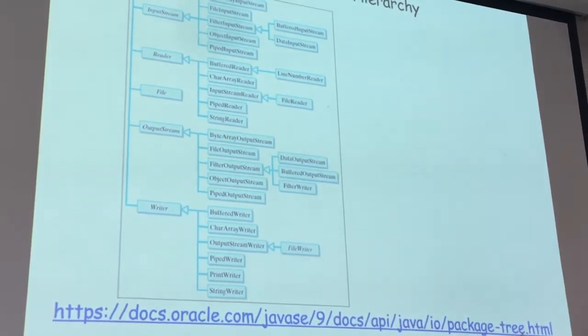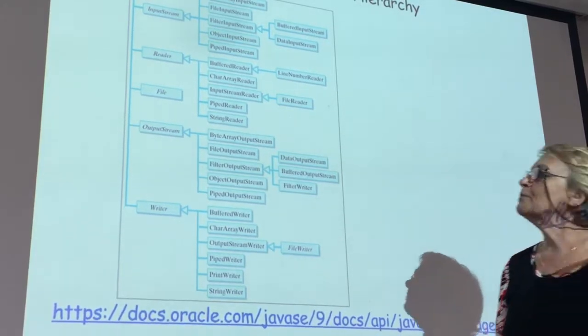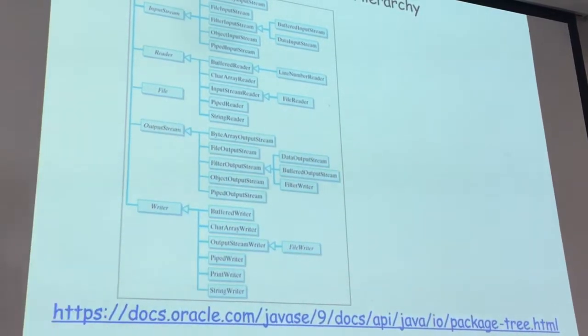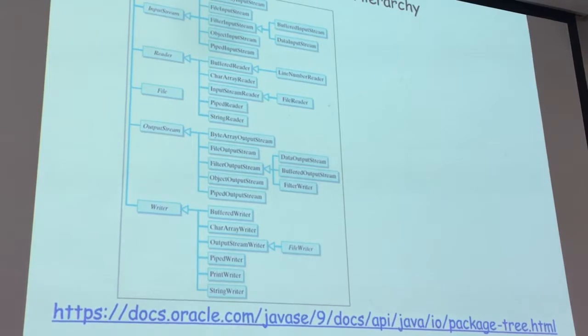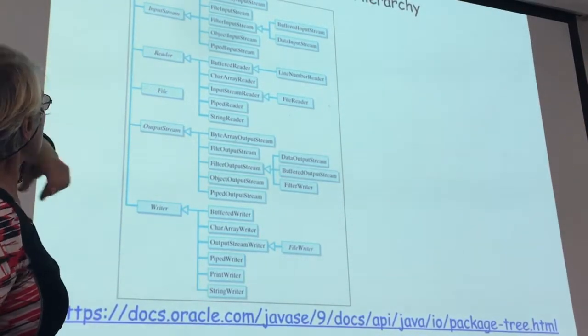You can access this documentation from the Oracle website. You will see that all classes in Java are derived from one class called Object. Everything, even your classes, are derived implicitly from Object.